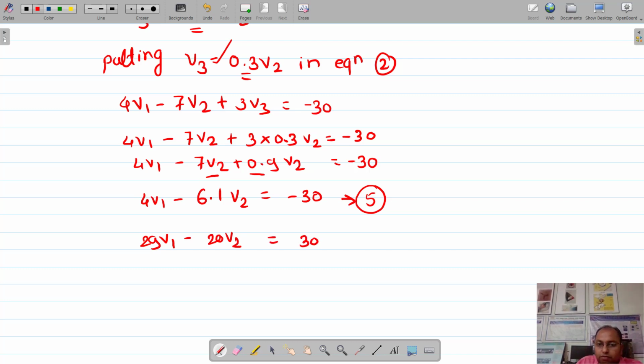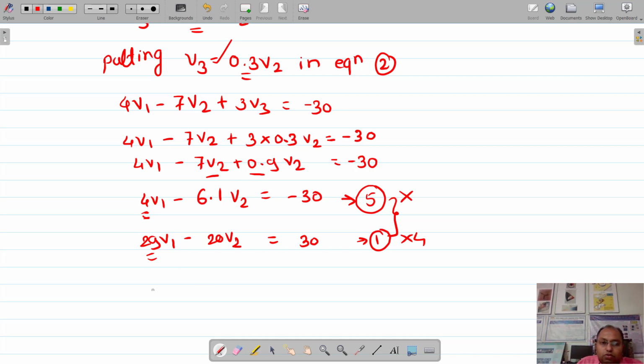Now we are going to simplify these two simultaneous equations. So let us multiply by 29 to equation number 5, and multiply by 4 to equation number 1, so that we can make the v1 term common, and then we can subtract the resulted equations.